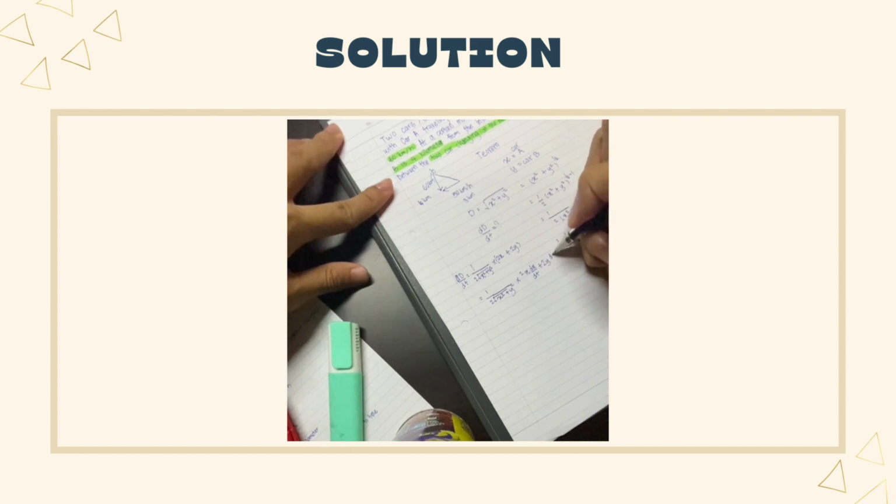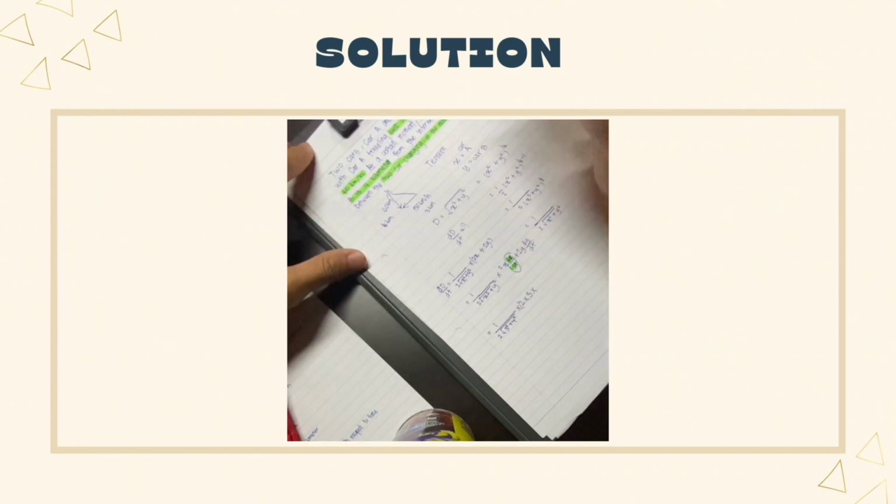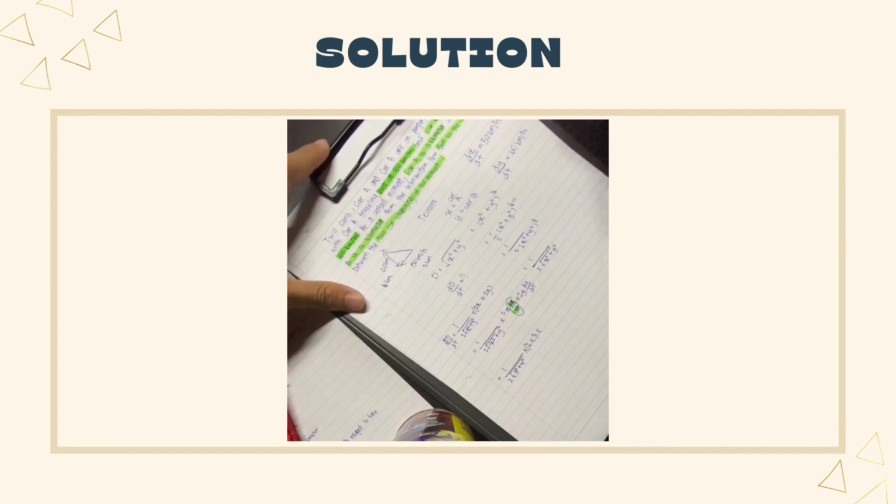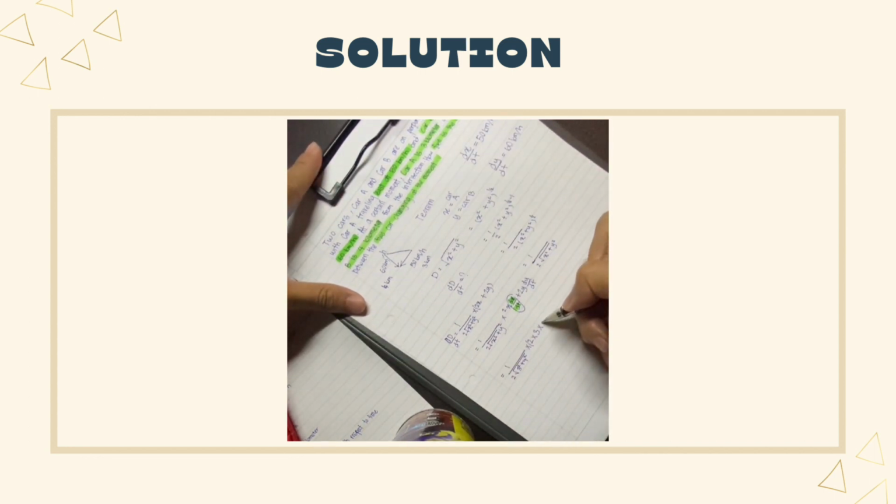Then we just insert it like this. We already know dx over dt and dy over dt. dx over dt is 50 km per hour, while dy over dt is 60 km per hour. Then we just insert it.